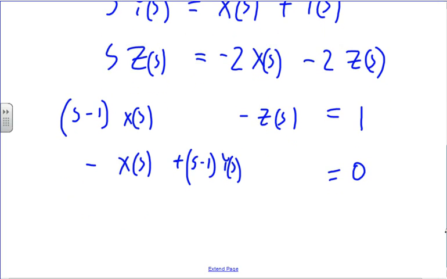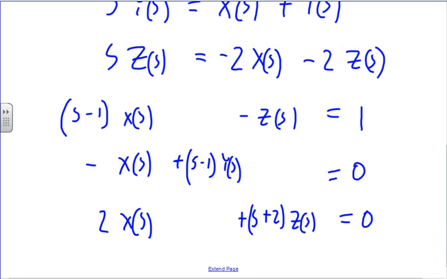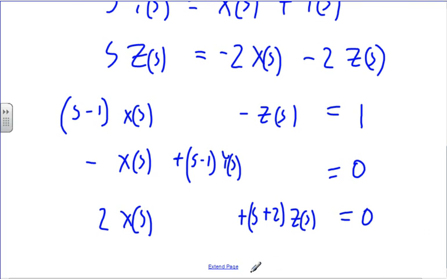And then I'm going to write 2x of s plus s plus 2 z of s is equal to 0. Okay.